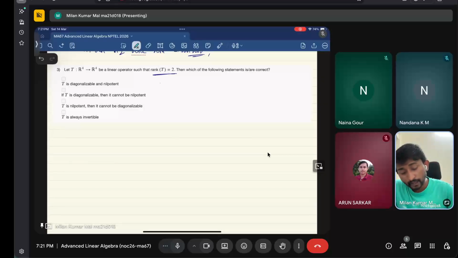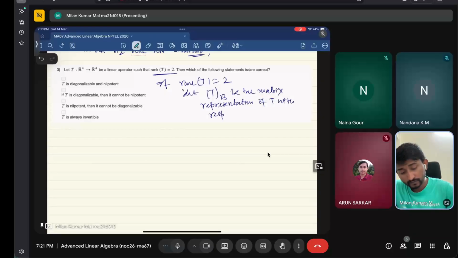First of all, if rank of T is equal to 2, then let TB be the matrix representation of T with respect to the standard ordered basis.